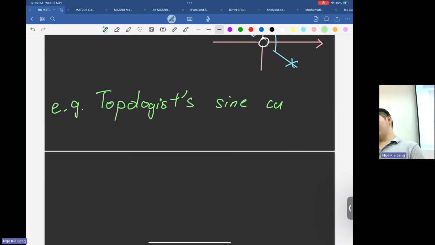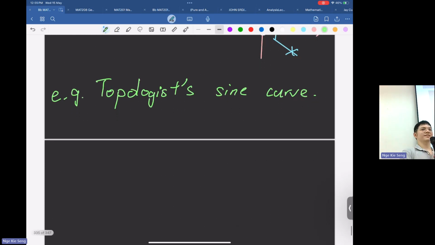I don't know whether the name is topologist's sine curve or topologist's sin curve, but I think sin is more contextual.